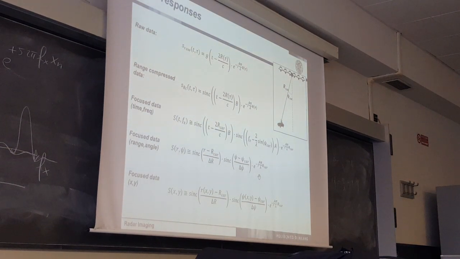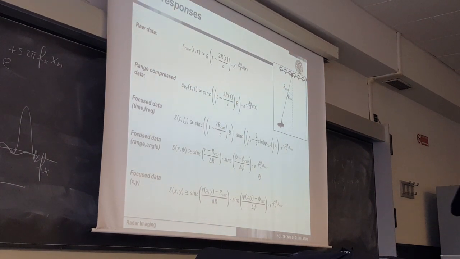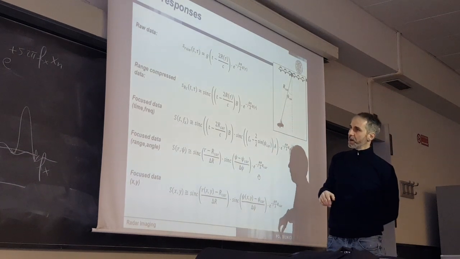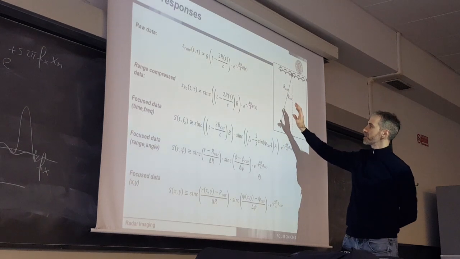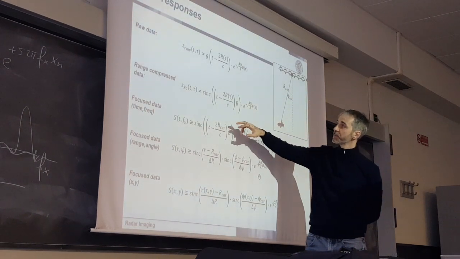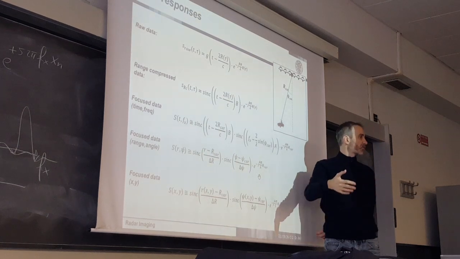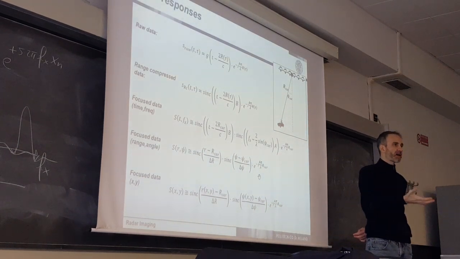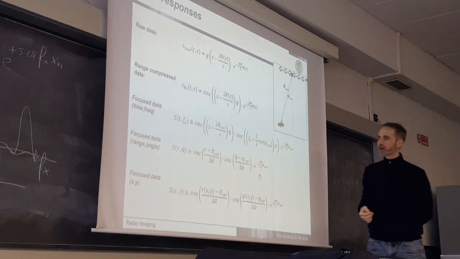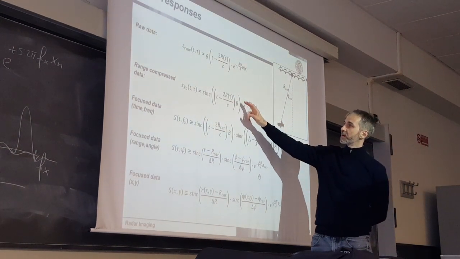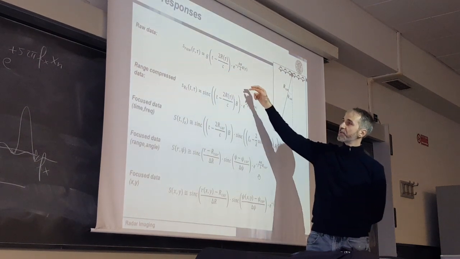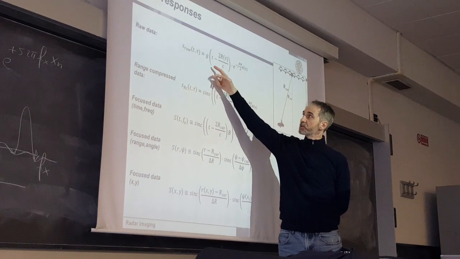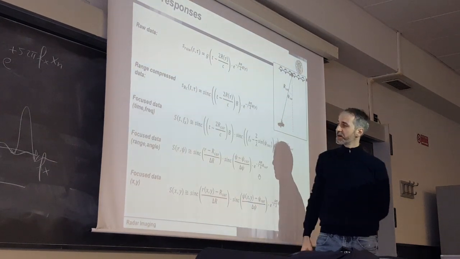This is just the mathematical expression of what we have taught so far. This is your signal after focusing, assuming a single target, of course. This is what is called the pulse response of your system. So you assume a single target, and so you have a single signal. This is the raw data, so before the pulse compression. This is after you do range compression, and so this signal becomes a cardinal sine.